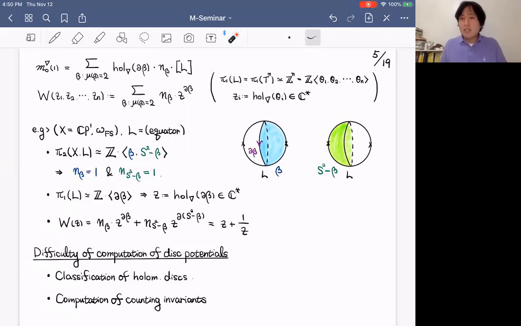Even in this case, our moduli space may not be transversal. Then sometimes we need to use some virtual or abstract perturbation to perturb our moduli space to make it transversal. Then it's very hard to guess how to compute the counting invariant directly from the definition. So these are the main difficulties of computing the disk potential.